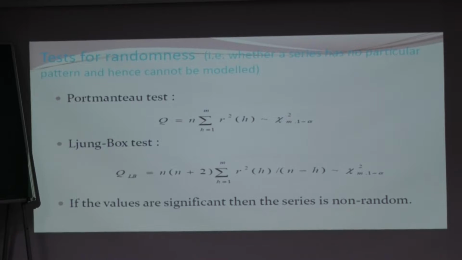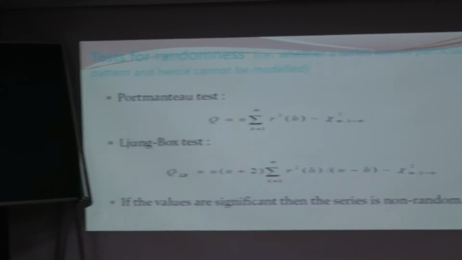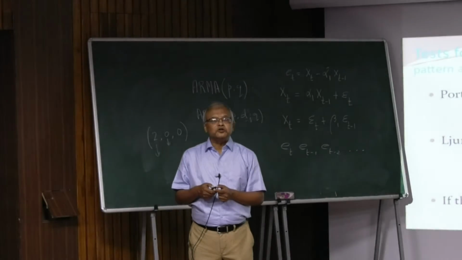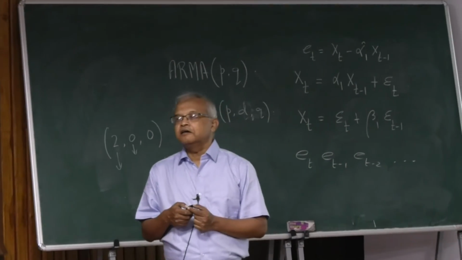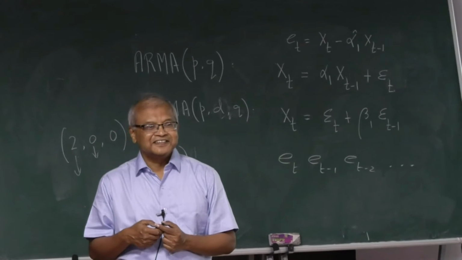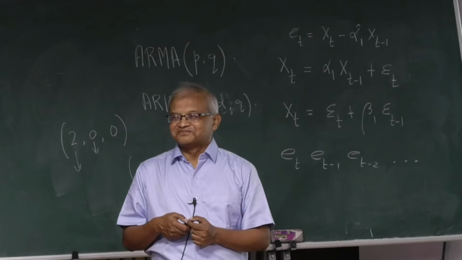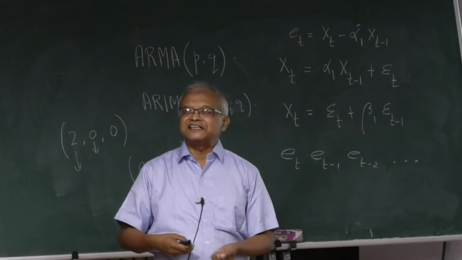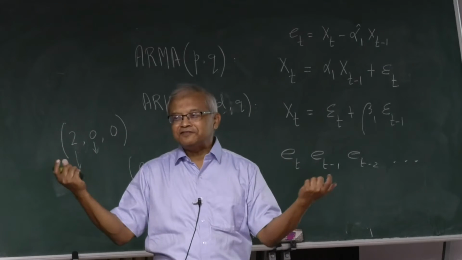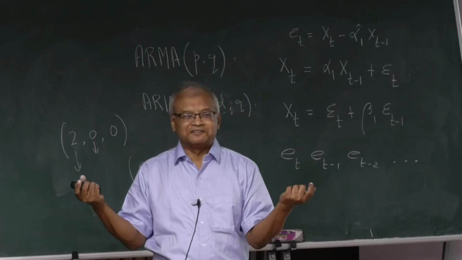I'll suggest that whenever you start with a time series, you have taken out trend, you have taken out seasonality, then what do you do? You fit an ARMA model, right? Even before fitting the ARMA model, do a test, because if the original series itself is random, you don't need to fit a model.